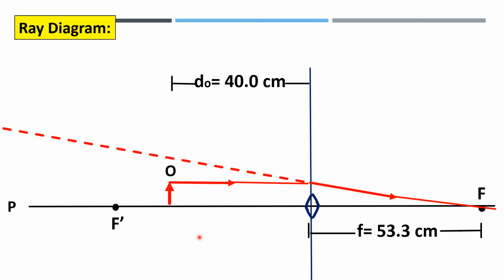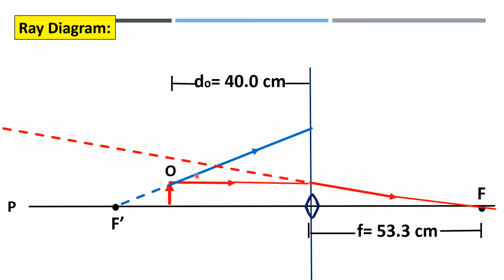Then we need another incident ray coming from the tip of that object. This time, we will assume that that incident ray is coming from the virtual focus, something like this.